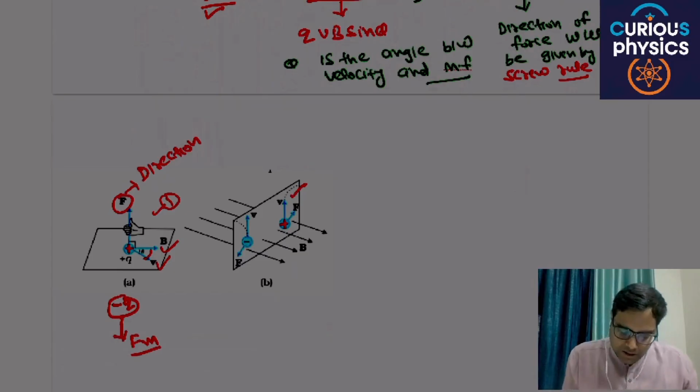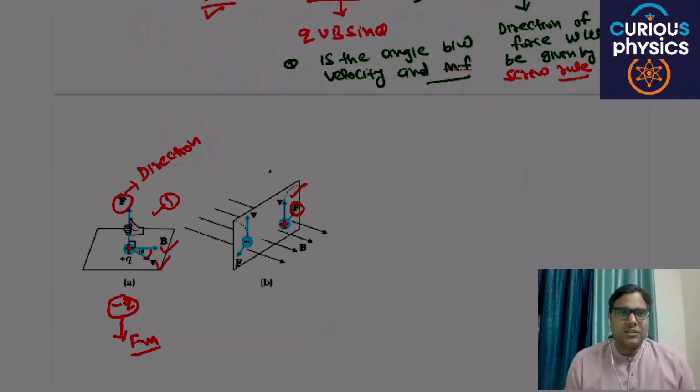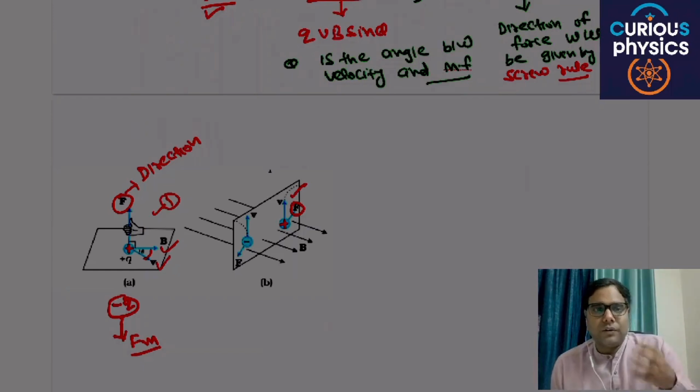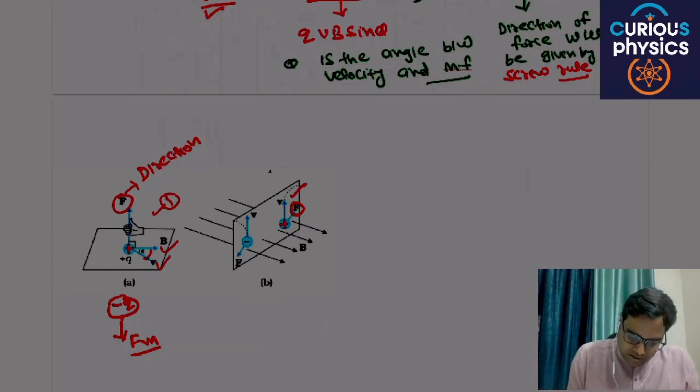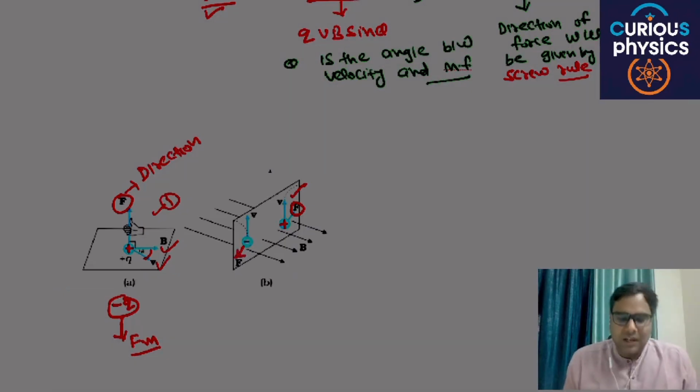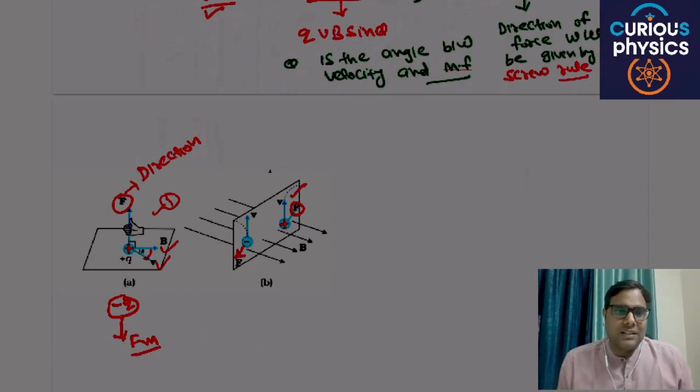And if the charge is negative, then the direction of force will be opposite to the case of the positive charge. This is the basic concept of how to find the direction of force. Are you able to get my point or not?